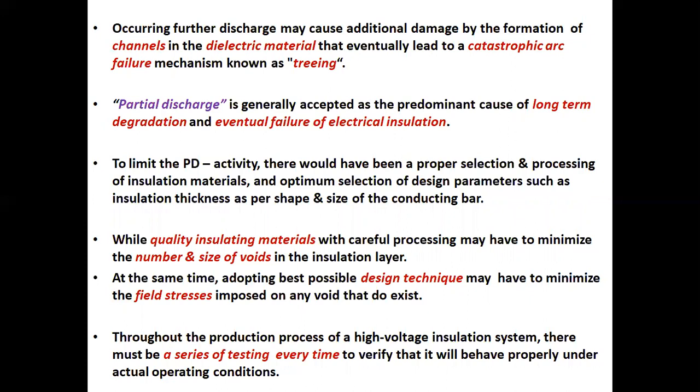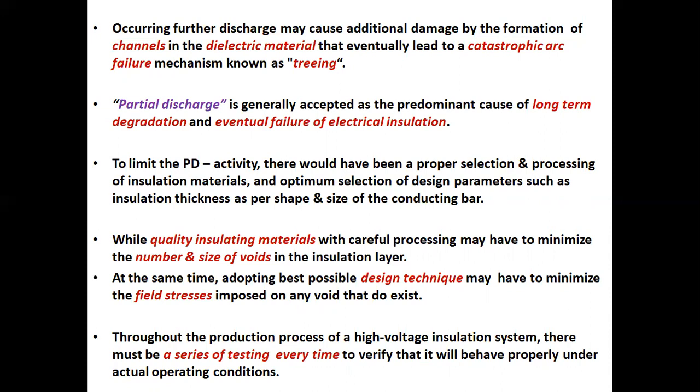Further discharge may cause additional damage by the formation of channels in the dielectric material that eventually lead to a catastrophic arc failure, a mechanism known as treeing. Partial discharge is generally accepted as the predominant cause of long-term degradation and eventual failure of electrical insulation.